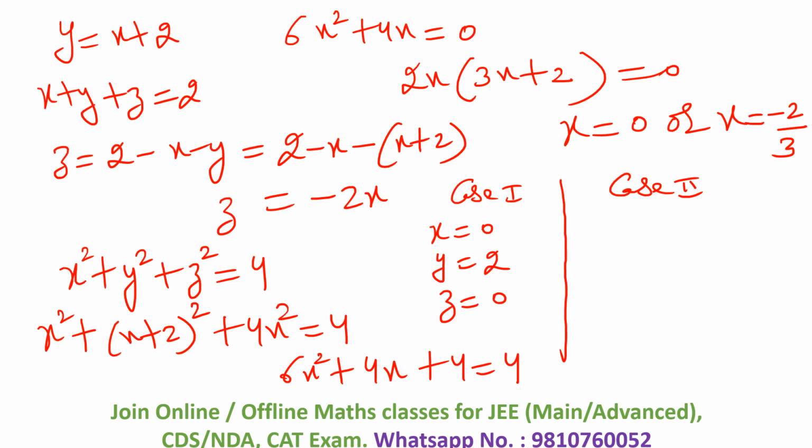And in case number 2, x is equal to minus 2 upon 3, so y becomes x plus 2, which means y becomes 4 upon 3, and z becomes minus 2x, so z becomes 4 upon 3. Fine. Now students, we will find the value of the given expression.